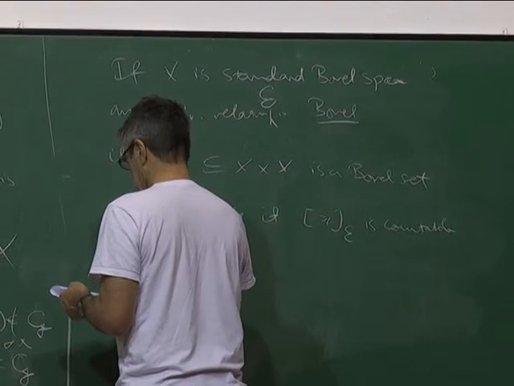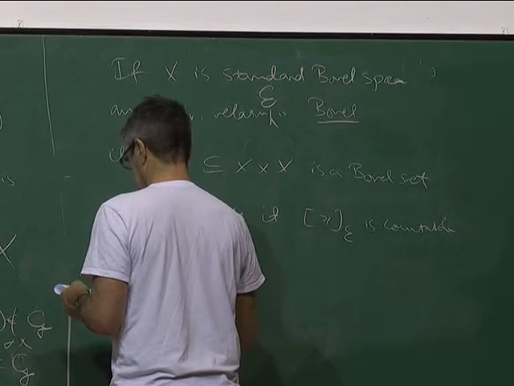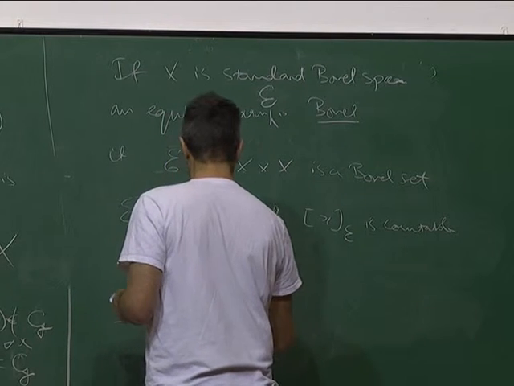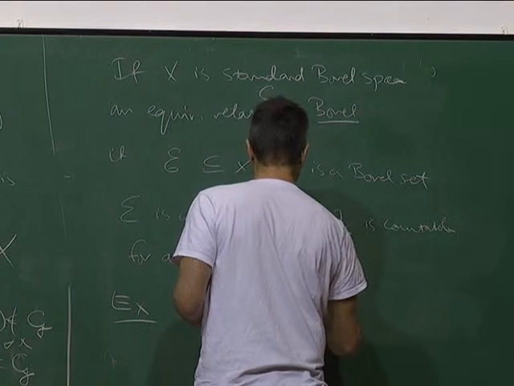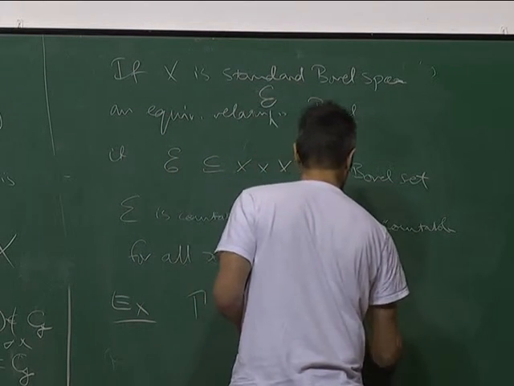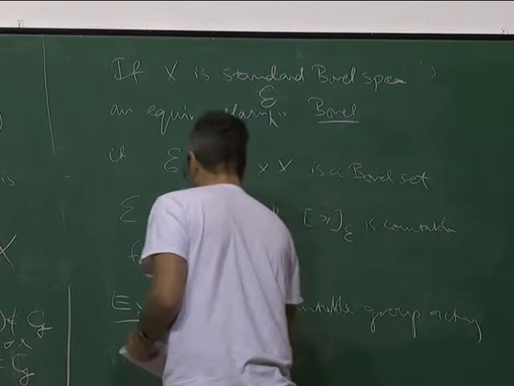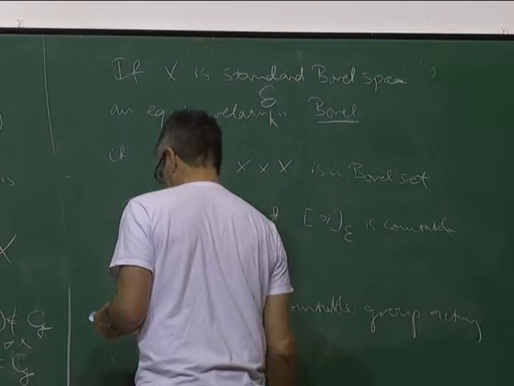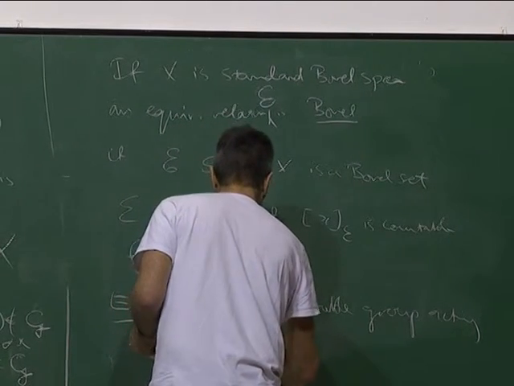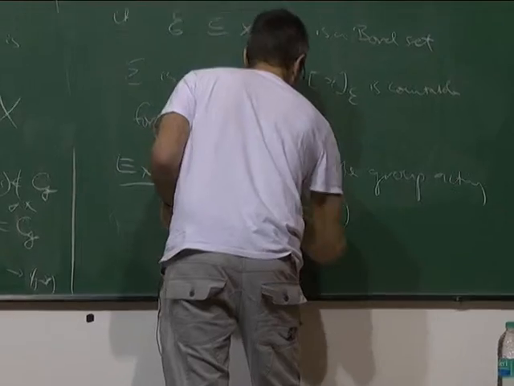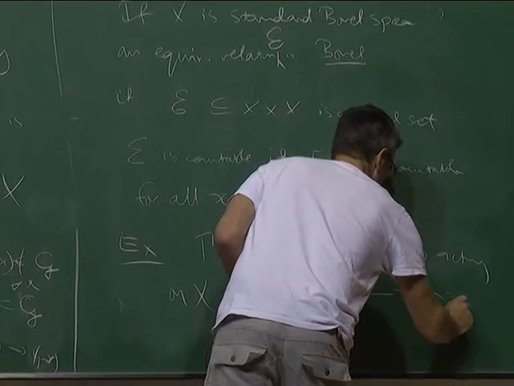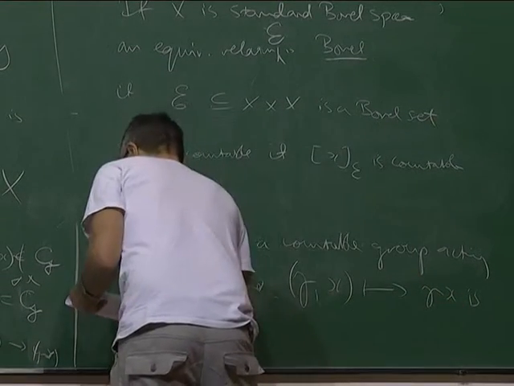So the example is gamma is a countable group and (gamma, x) goes to gamma x is a Borel action.